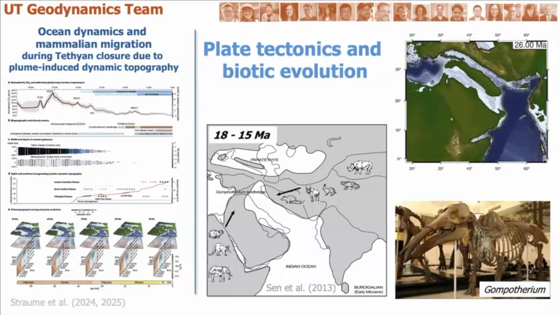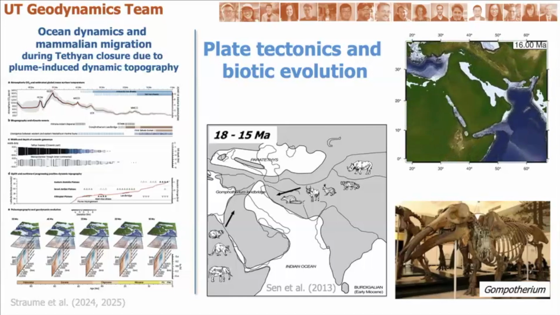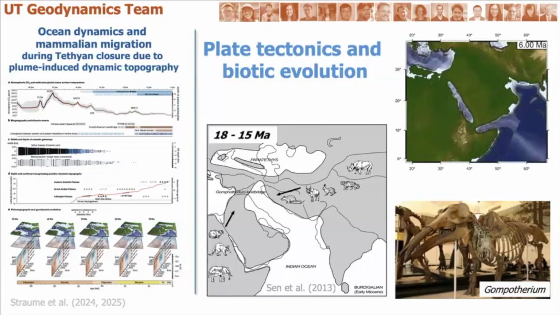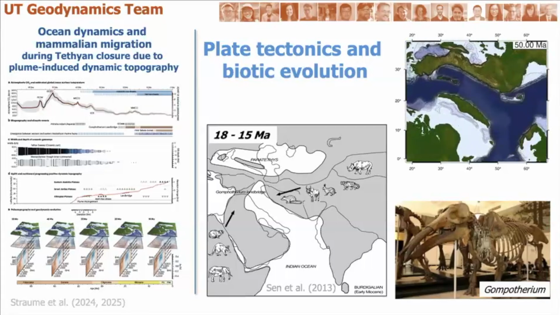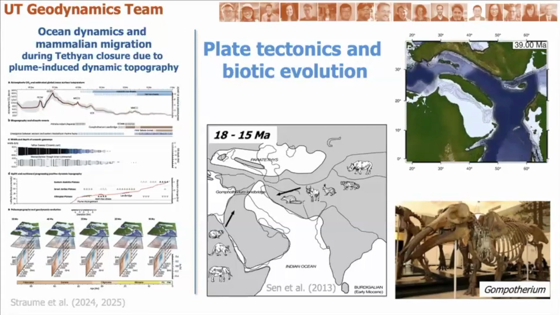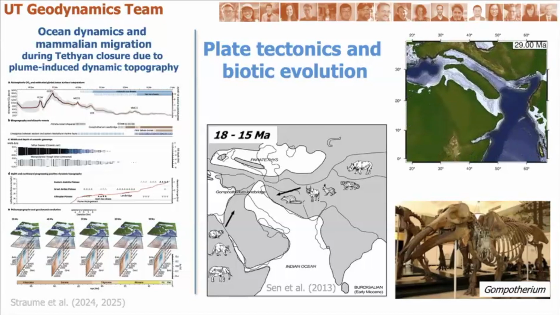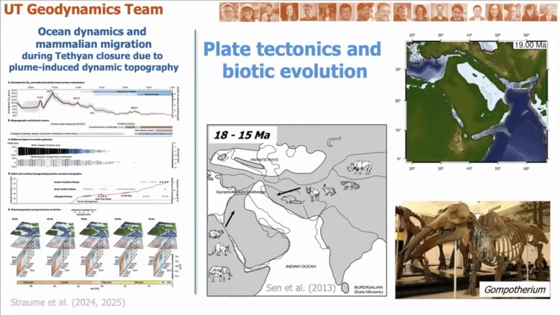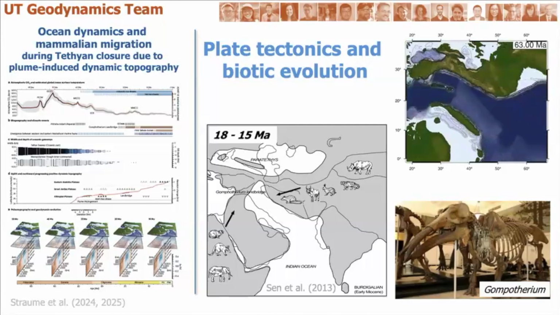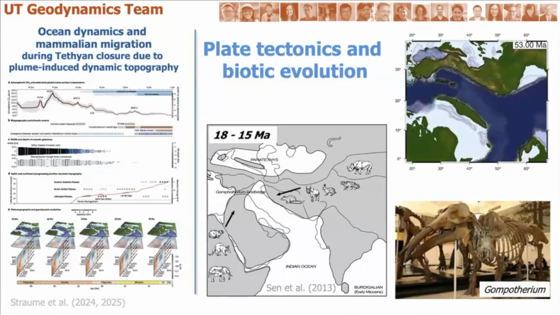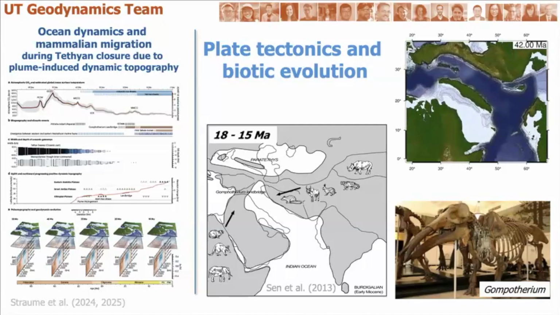So recently we had a paper out that was led by Ivan Stroma, who was a Jackson School Plates 40 scholar, thinking about the closure of the Tethyan Ocean over the last 60 million years, and trying to understand how the evolution of land masses and topography affected the exosphere in the sense of closing the seaway.